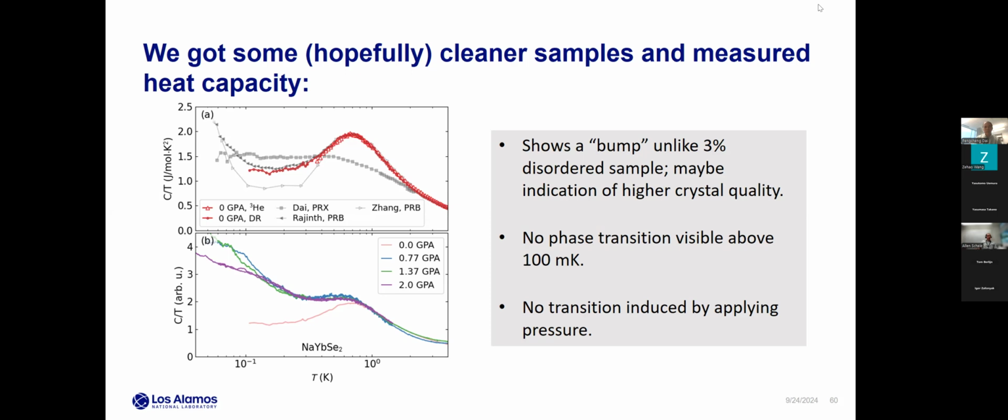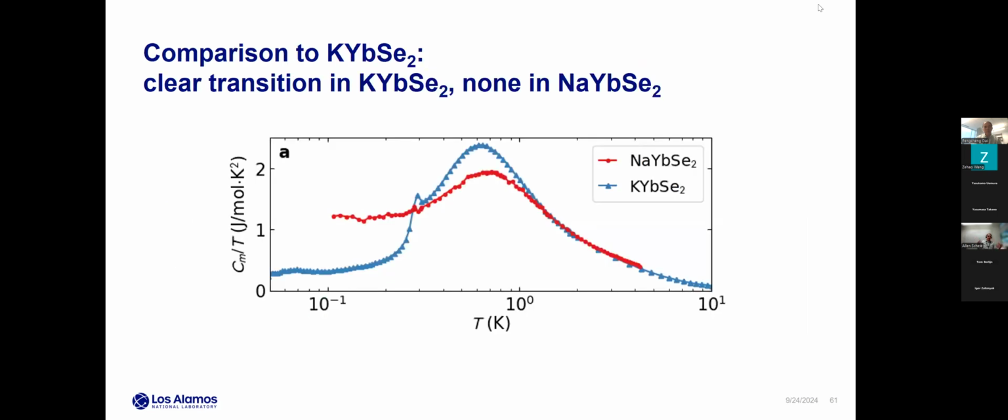But if we look at the heat capacity, shown here on the left, the red data is from our compound in two different measurements, and the gray data points are from other compounds reported in the literature. This shows a bump at around 700 millikelvin that is not present in the 3% disordered sample, and so it indicates a kind of correlated phase that is emerging, possibly an indication of higher crystalline quality.